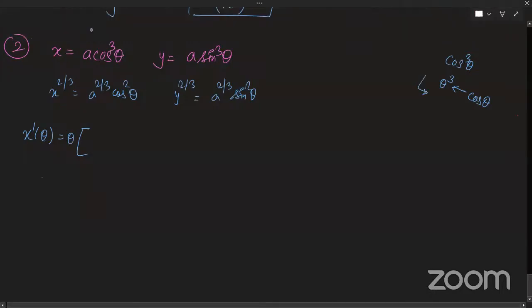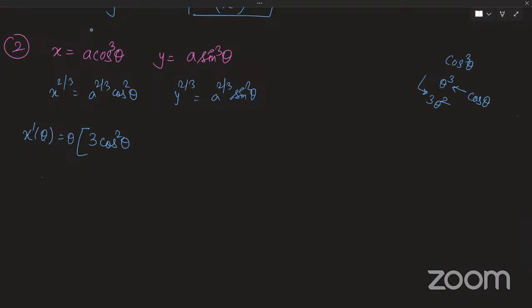So I differentiated with respect to theta, I get 3 theta square. What will be the first term that I write over here? 3 cos square theta into minus sine theta, right? Yes, sir.